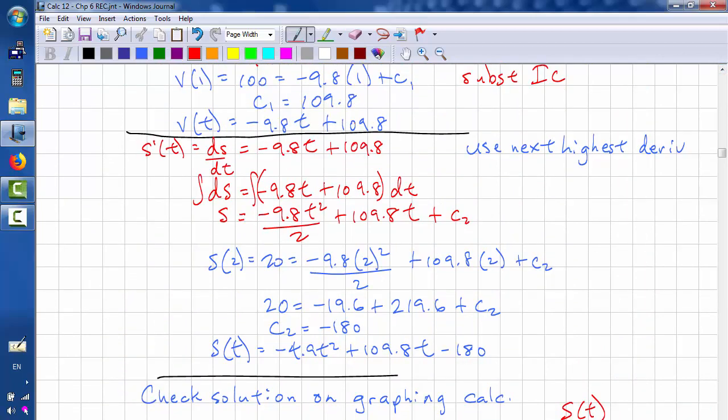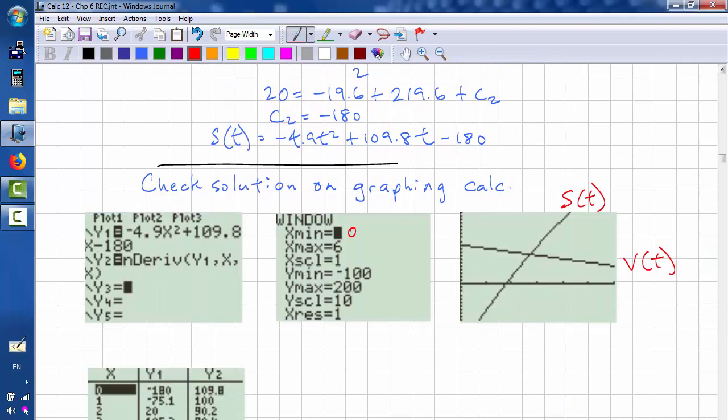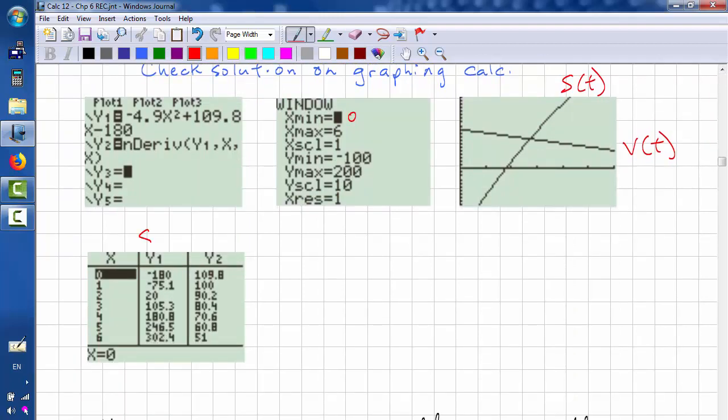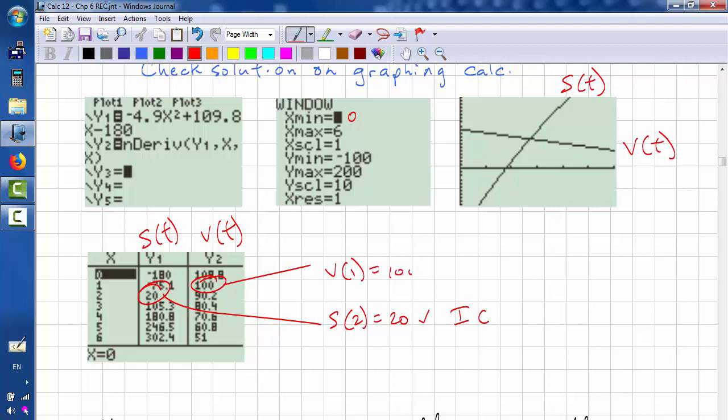Okay, so we look at s of 2. That equals 20. That matches our initial condition. We have v of 1 equals 100, and that matches our initial condition. And that completes this lesson.